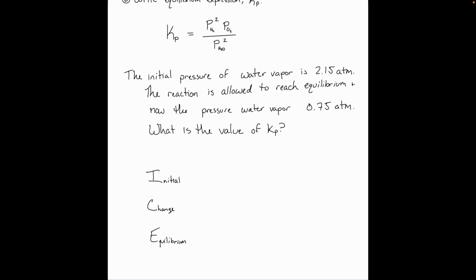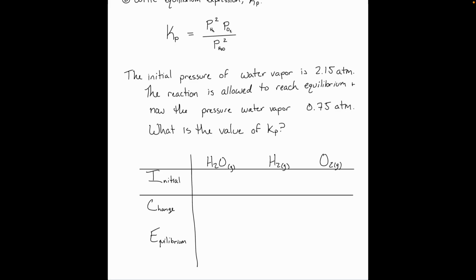Okay, so those are our rows, and then for our columns, we're going to have all of our components of this reaction here. So the water vapor and our two products, the hydrogen gas and the oxygen gas. Right, so for each one of these species, we're going to input its initial value, the change that occurs when the reaction happens, and the equilibrium value.